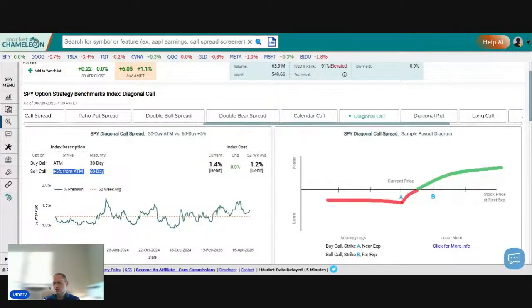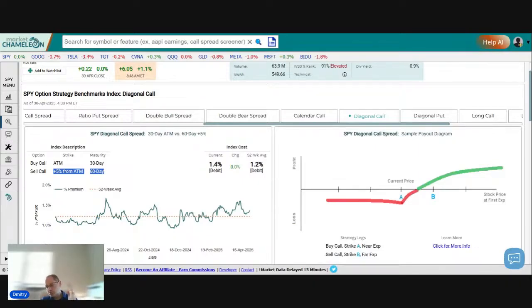So this looks a little bit similar to a call spread, except you can see that it's more uncertain because of the implied volatility in different options.